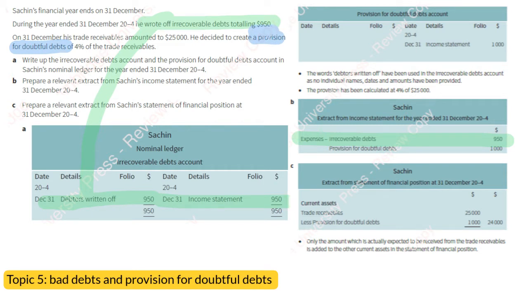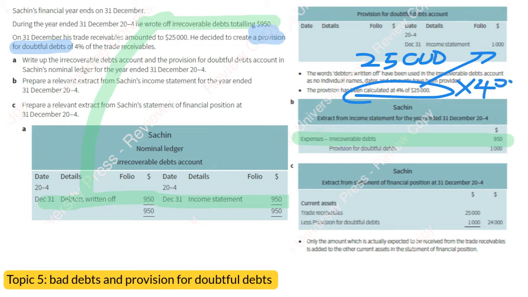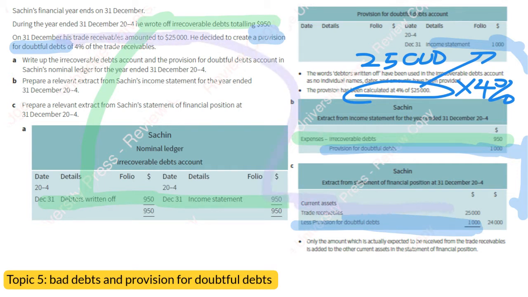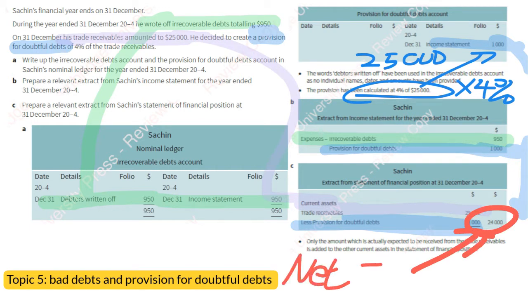That is 25000 times 4%, so that is 1,000. You need to put this 1,000 into the income statement, and also you need to put it here. Now, for the 25000, the total amount, you have to put it in the statement of financial position.